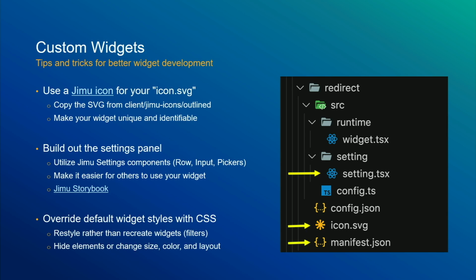One alternative that a lot of people don't know about is the option of overriding default widget styles. You may want to use Developer Edition to extend or change an existing widget. If you just want to change how a widget appears, you can use CSS to override the default styles of that widget. Let's say that you have your layer list and you just want to make it orient a different direction.